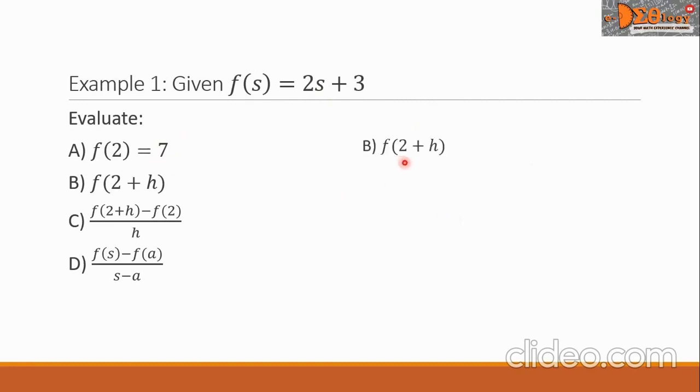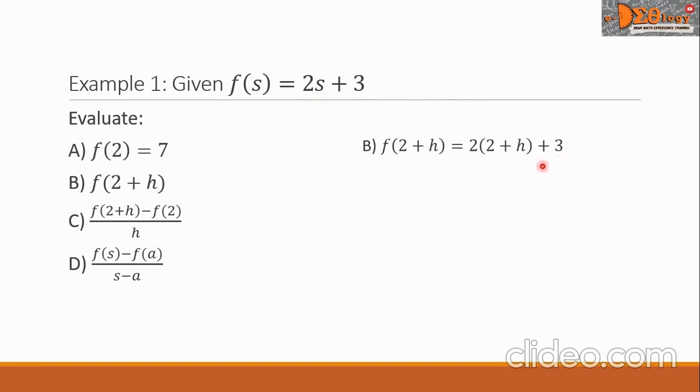The f of 2 plus h. The same idea. I am going to copy the same function, but for the s, I am going to substitute the value 2 plus h. So we have now 2 times the quantity 2 plus h, then plus 3.